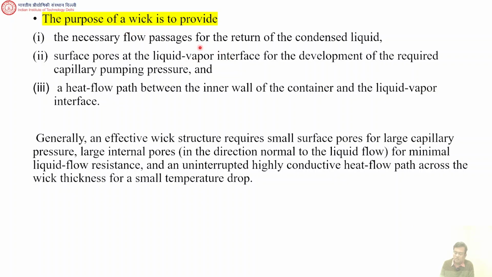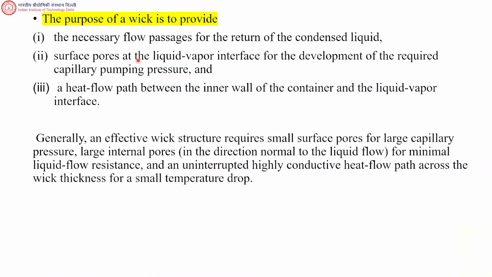So the wick has to provide flow passages which will help return the liquid back to the evaporator from the condenser, correct? And we need surface pores. So if you think about the wick, this is the heat pipe and this is the pipe wall.